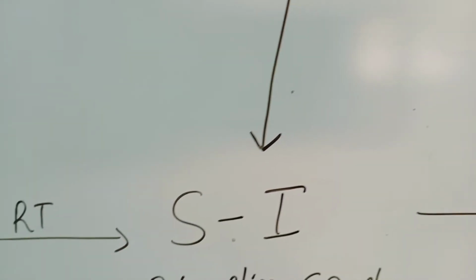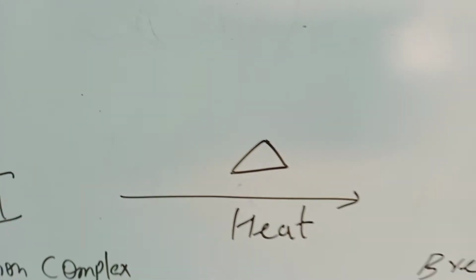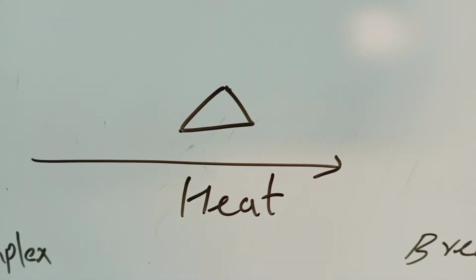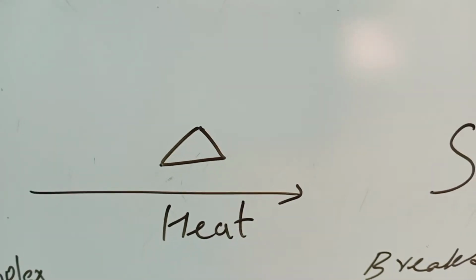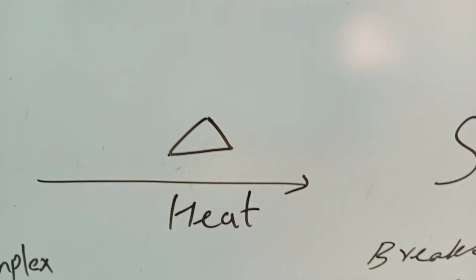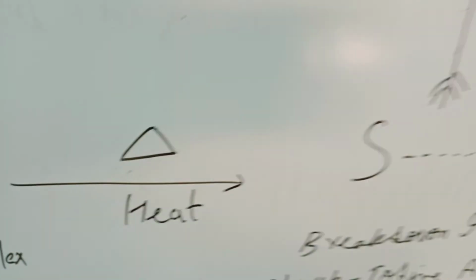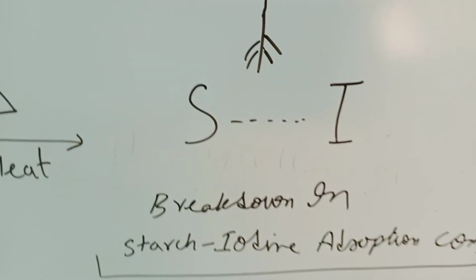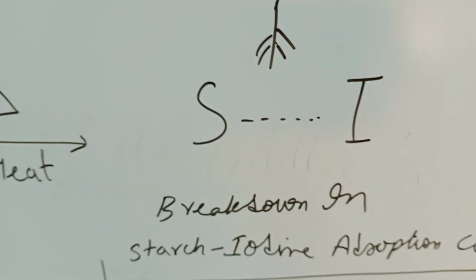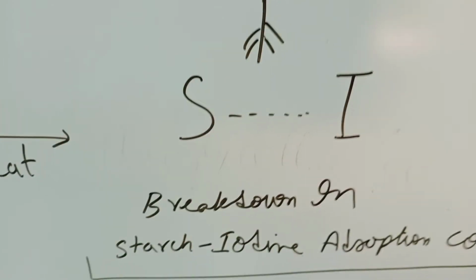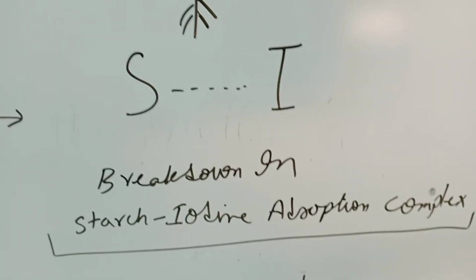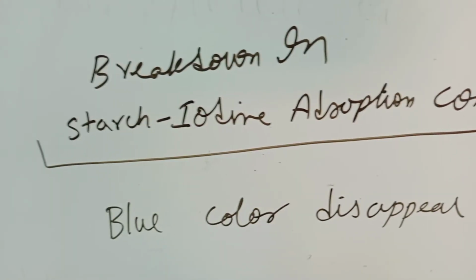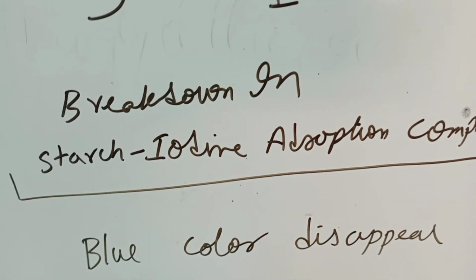And once the content is heated, or when heat is provided externally, after some time you can see the adsorption complex, or the blue color, disappear. The reason behind the disappearance of the blue color is the breakdown of the starch iodine adsorption complex, which causes the fade or disappearance of the blue color.